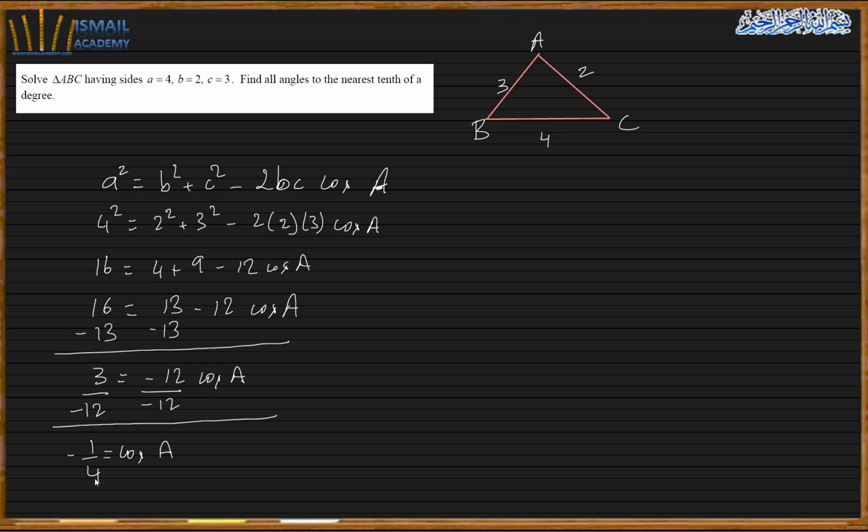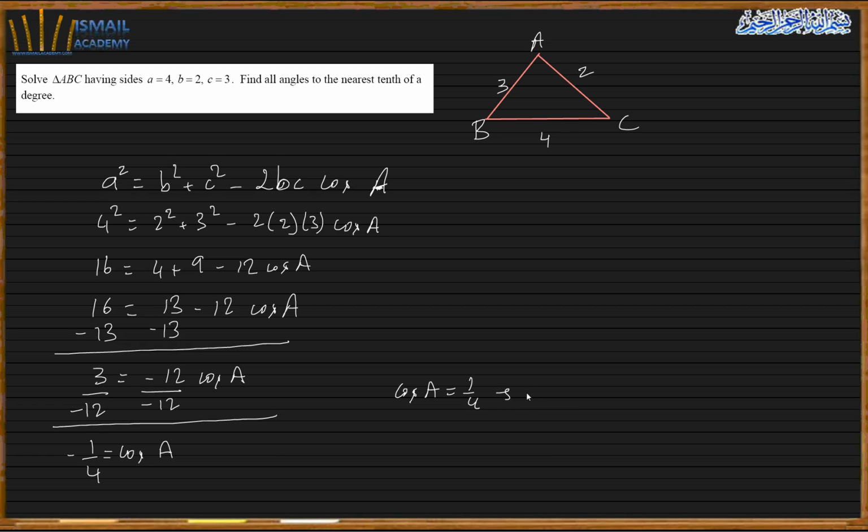So I know that if the cosine of A is negative, it's an obtuse angle, which means greater than 90 degrees. Here cosine of A is equal to minus 1/4.